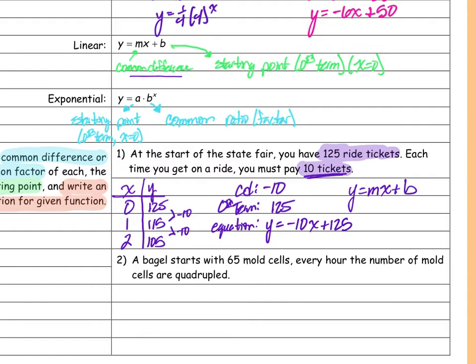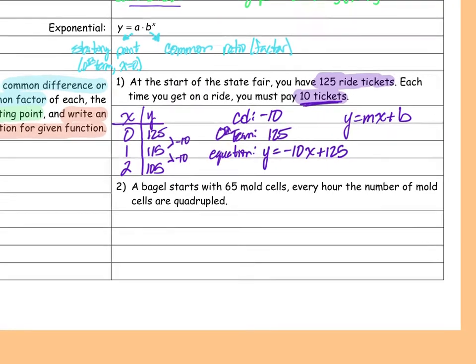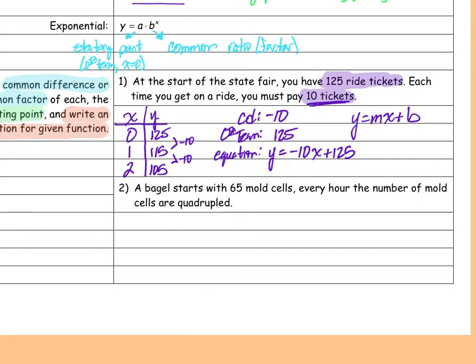With the next equation. So let's see. A bagel starts with 65 mold cells. Every hour, the number of mold cells is quadrupled. Ugh, sorry, I don't like mold. We start out with 65 mold cells, and they are quadrupled.